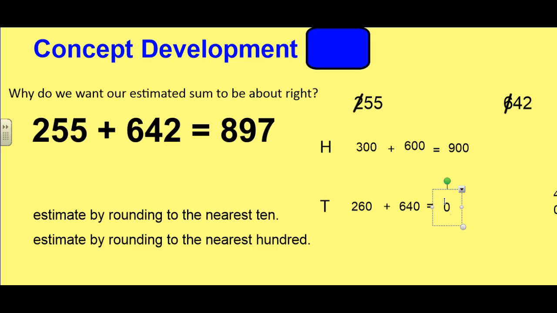When you add the 6 and the 4, that's 10, so you'd put a 0 and then carry over your 1, which would make this 9. So when you look at these, both of these actually were equal to 900. That means that either way you rounded, either to the nearest 10 or to the nearest 100, it would have gotten you closest to 897.